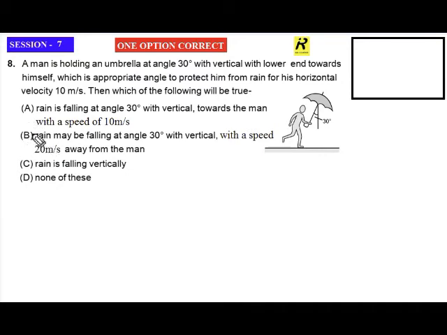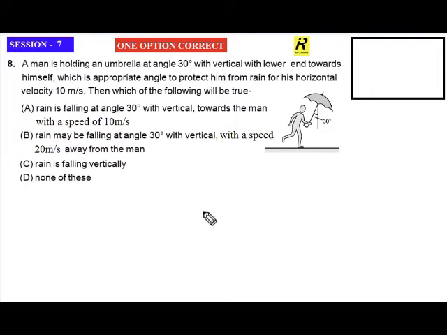Well, so let me think over option B. Rain may be falling at an angle 30 degree with the vertical with a speed 20 meter per second away from the man. For this, what we can think is, see, the rain may fall like this.